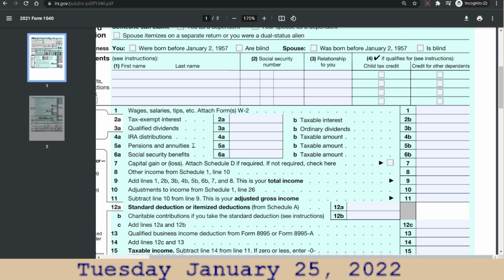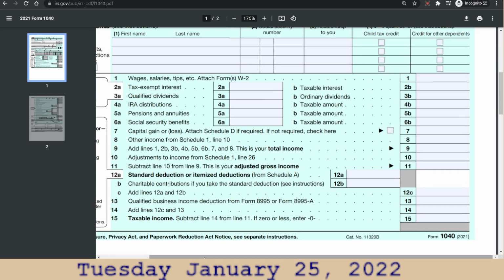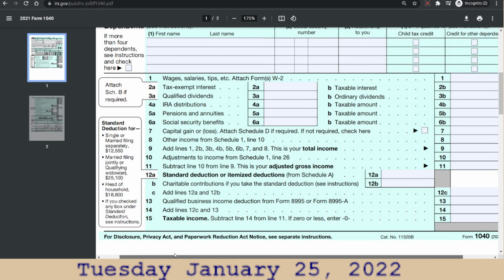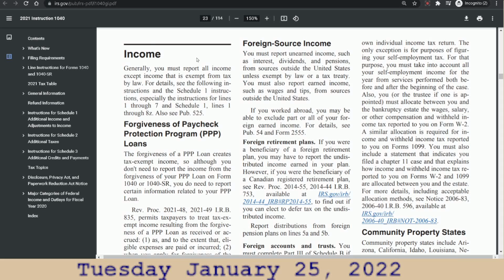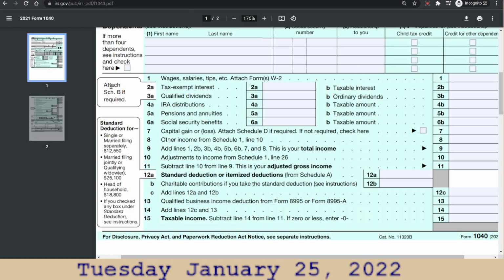So if I scroll this up and I move this over so you can read it, I'm going to have it like that. My main focus is right in here, this section. So I go back here, it says income, and that will start with income.